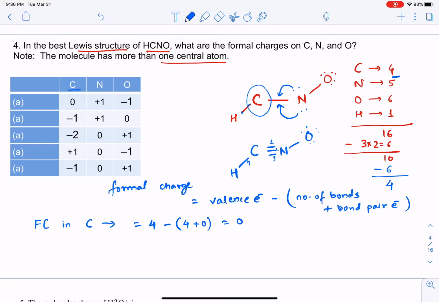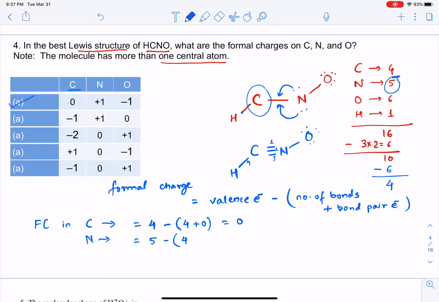If you see in these options, it's only option A that has a formal charge on carbon as 0. So you can directly mark A. But it's better to check for the next elements. So we'll go for nitrogen. It has 5, and we'll write 5 minus how many bonds it has? 4.